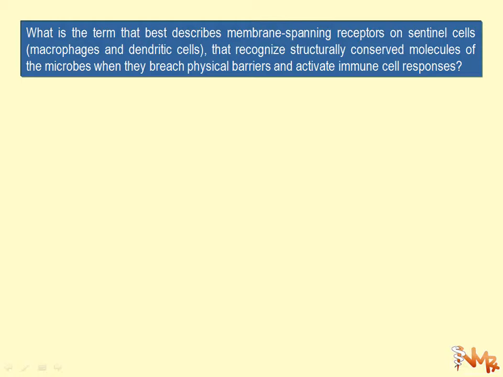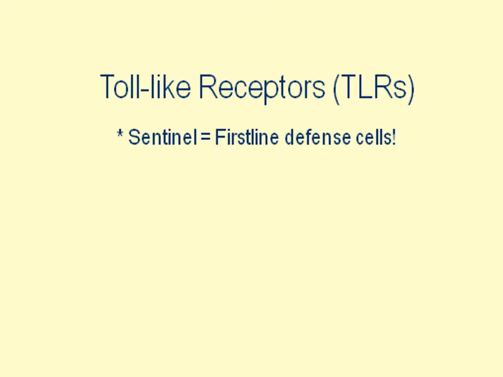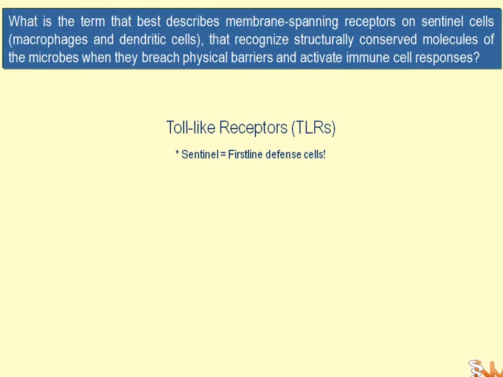Of course, I know that you know the answer. These are toll-like receptors, TLRs. And again, sentinel, if you didn't know, is a term that refers to first-line defense cells, such as macrophages.